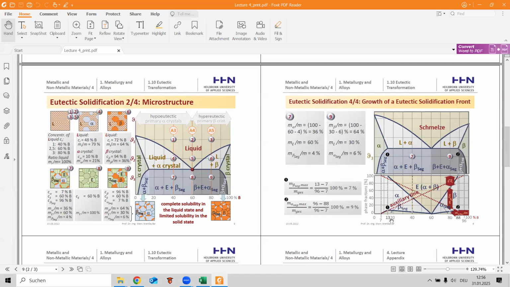So we can draw dashed lines from these values using auxiliary lines. So alpha segregation, beta segregation, and eutectoid, both solid phases alpha and beta.